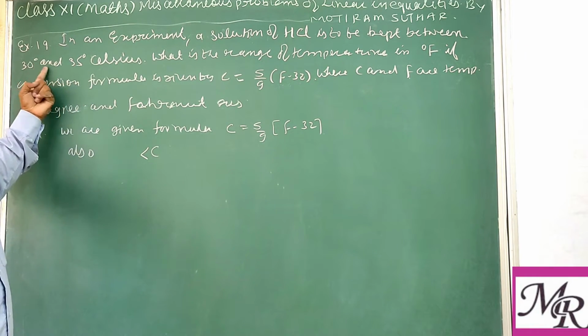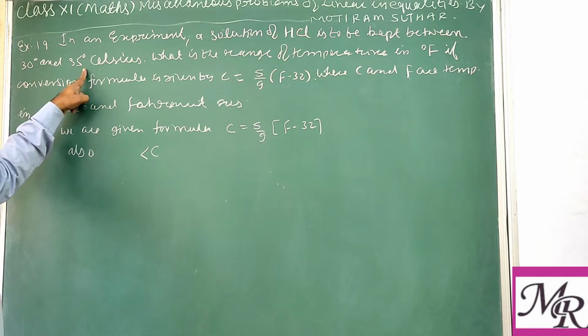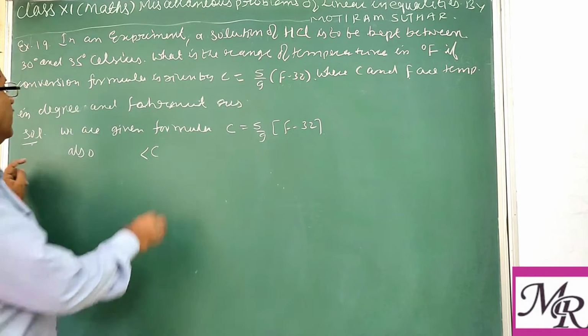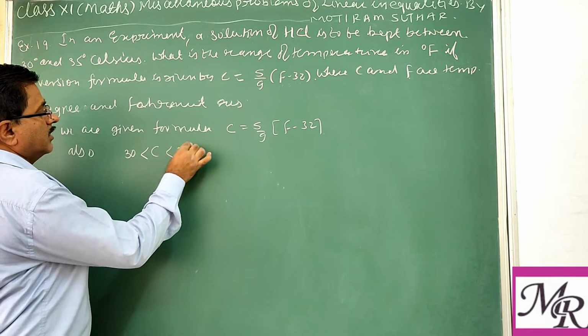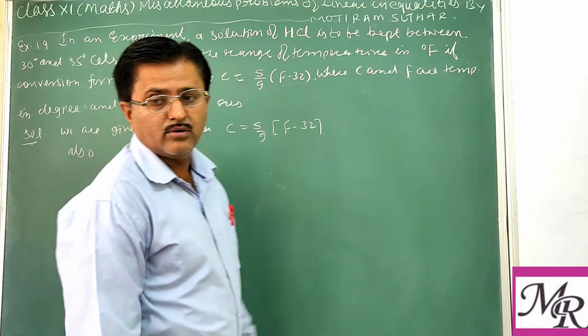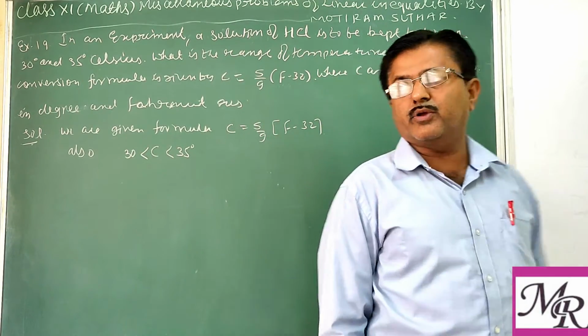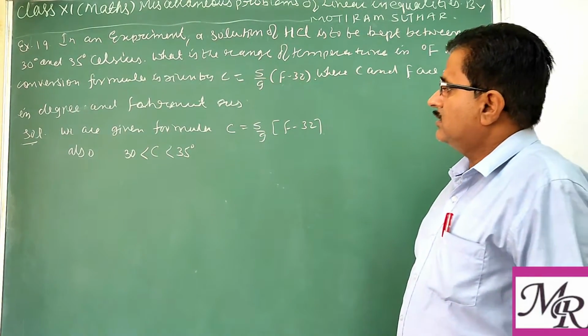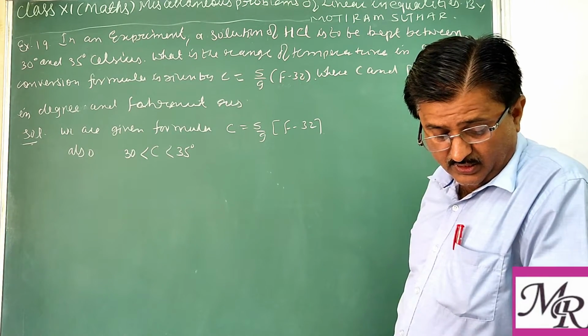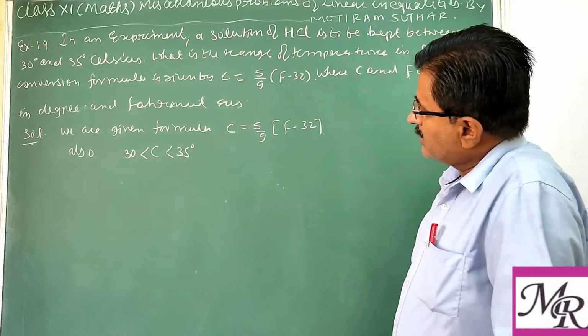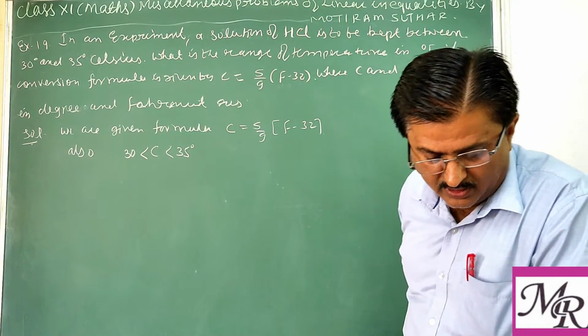Between means greater than 30 and less than 35. So C is greater than 30 and less than 35. This is given. We are given the range of the temperature in degree Celsius, greater than 30 degree and less than 35 degree.